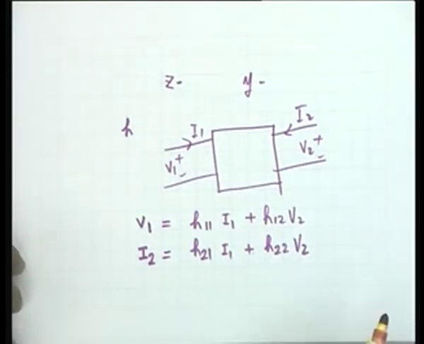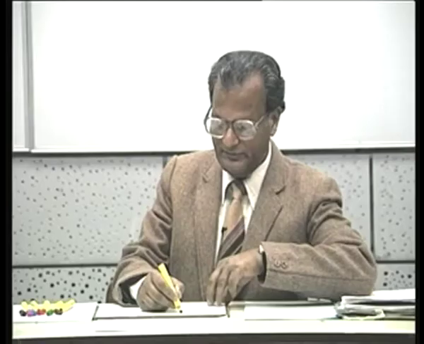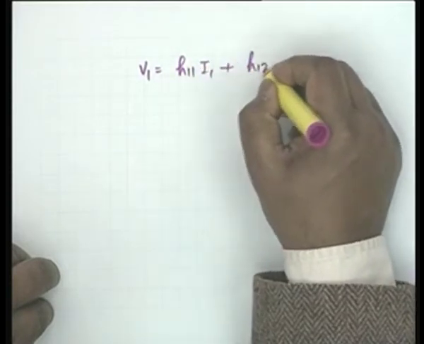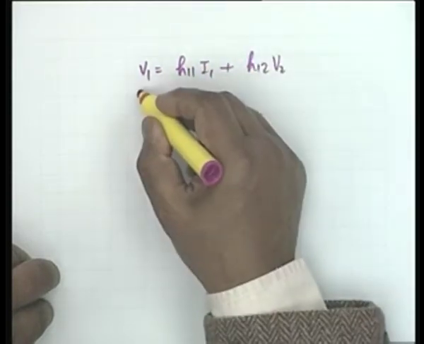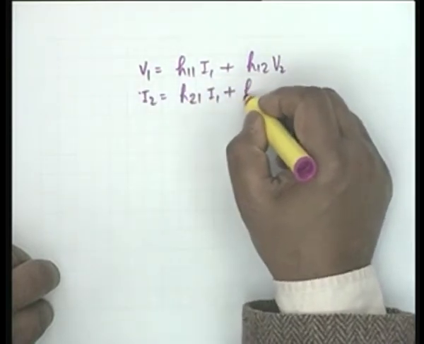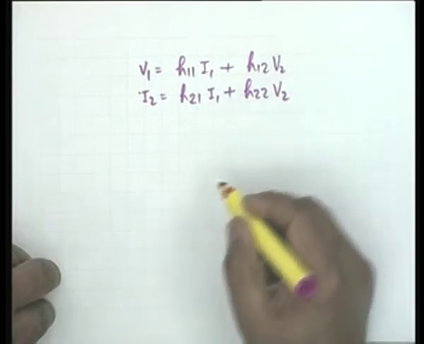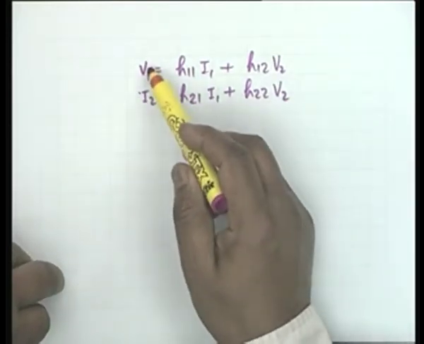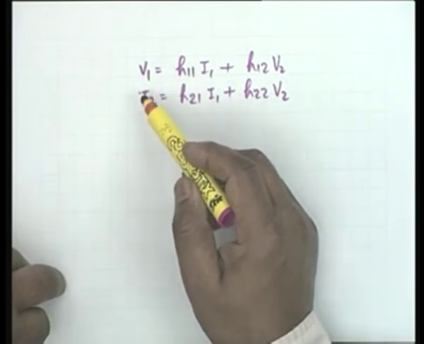If you look at the definition, which I shall repeat in the next slide, V1 equals H11 I1 plus H12 V2, I2 equals H21 I1 plus H22 V2. The thing to remember is it is the input voltage, or voltage at port 1, and current at port 2.